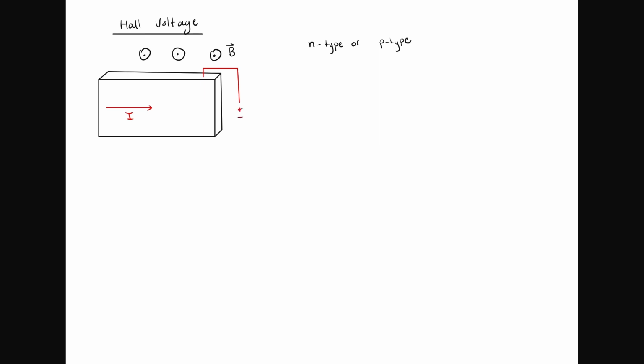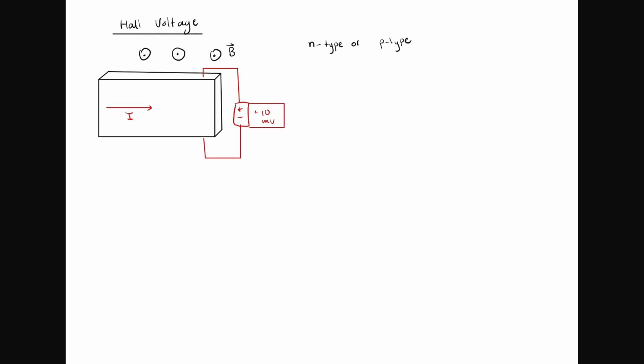We'll put the positive end and the negative end. And the reading, let's say, is, I don't know, positive 10 millivolts. With this setup here, you should be able to figure out if it's N type or P type.